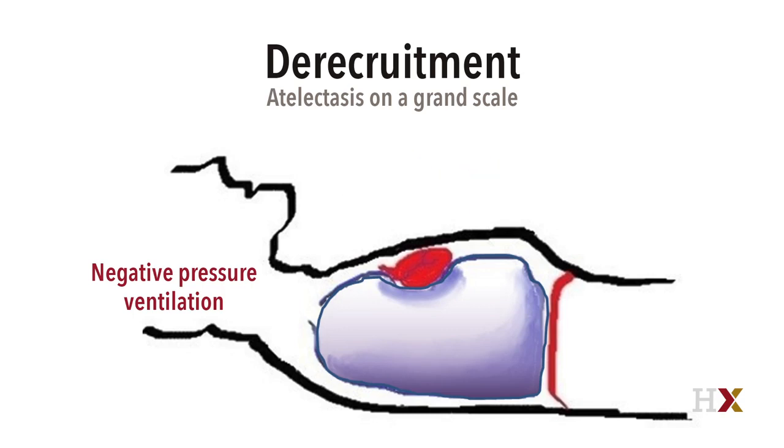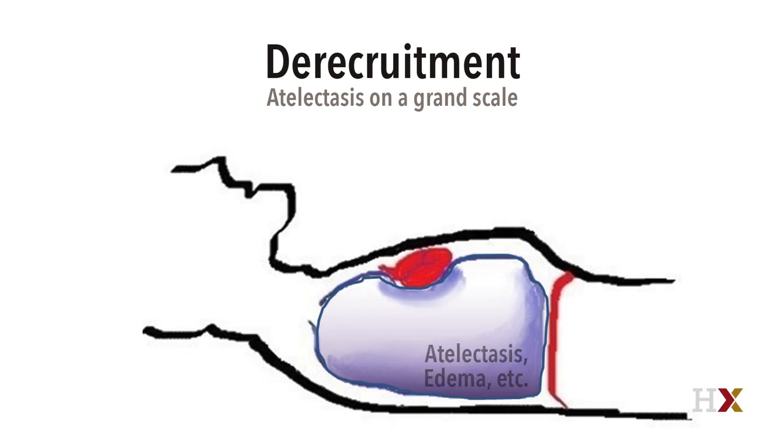We will sedate them, relax them, intubate them, put them on the ventilator, and they will profoundly derecruit. We lie them flat, and then their lungs, which are boggy and heavy with edema and infiltrates, will collapse upon themselves. It also gets worse because the heart will compress the lungs as well. The abdominal contents come up and compress the inferior portions of the lungs.